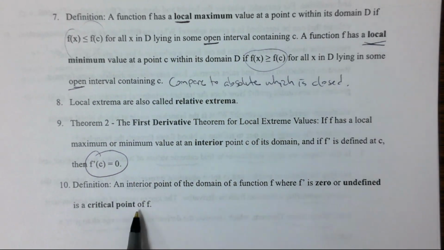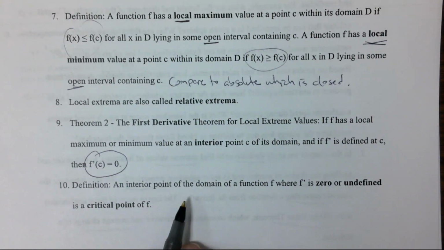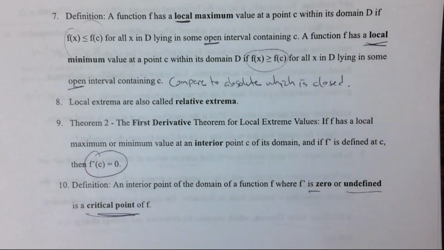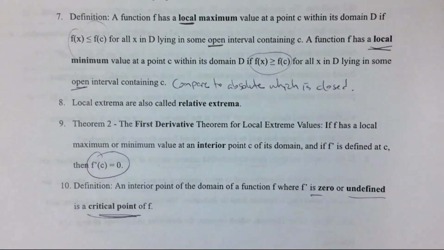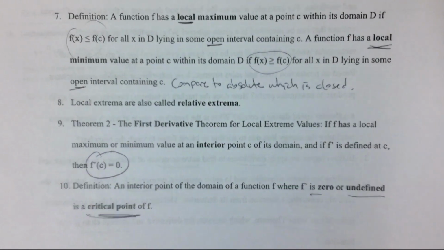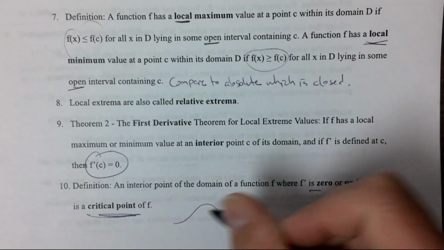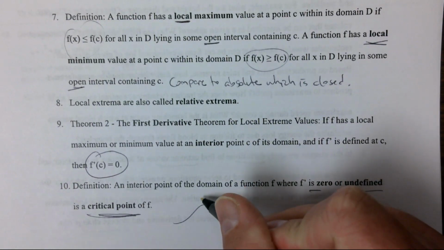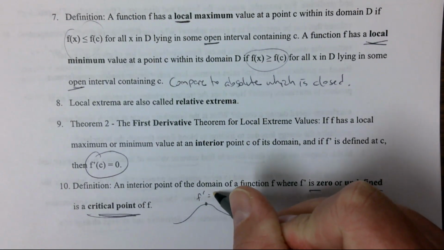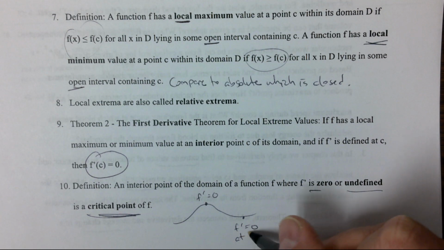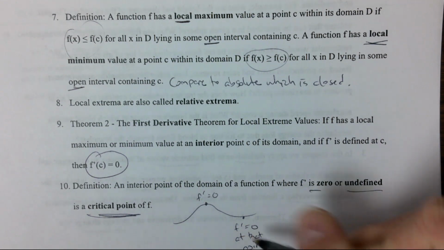Your definition is: an interior point of the domain where f prime is 0 or undefined is called a critical point. So if it's 0 or undefined, that's a critical point. So say you're going to have a graph, and here's a max. So f prime is 0 at that point. And then this one, f prime is 0 at that point. I'll put that for both of them.